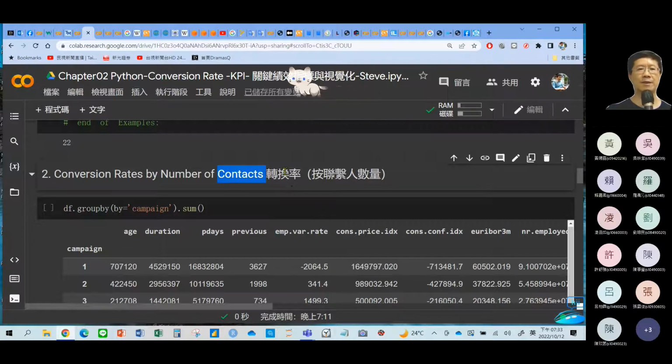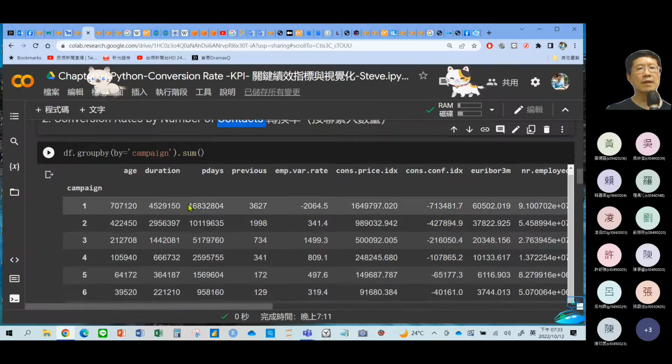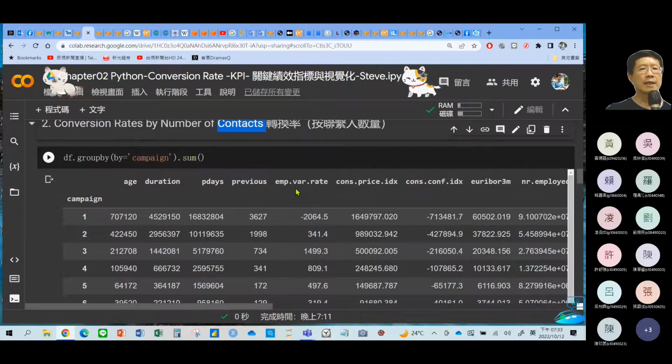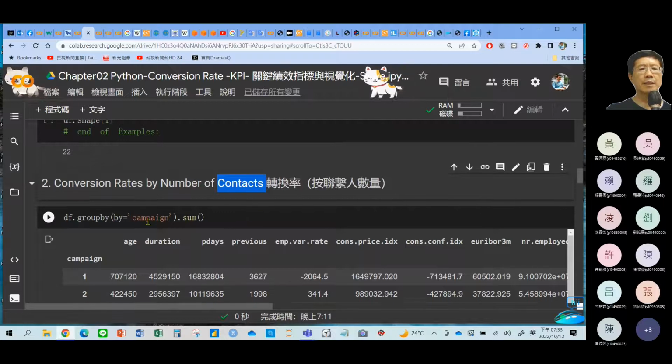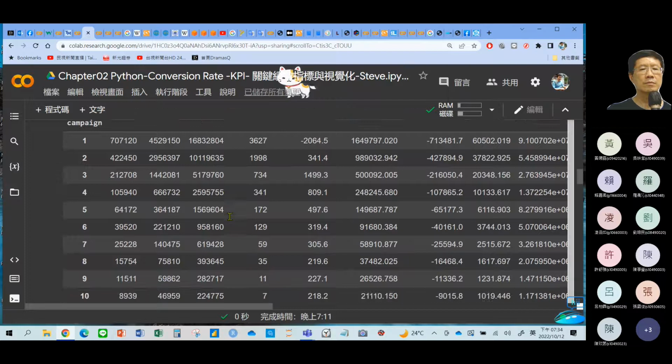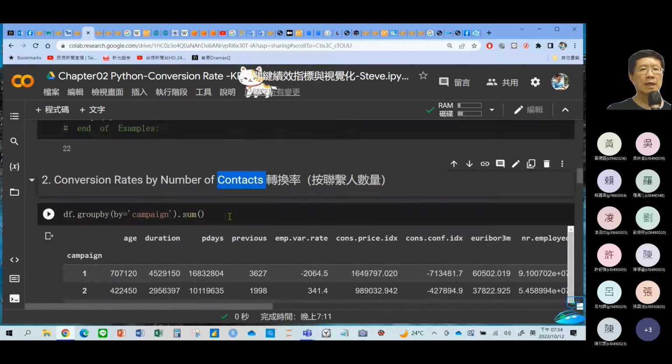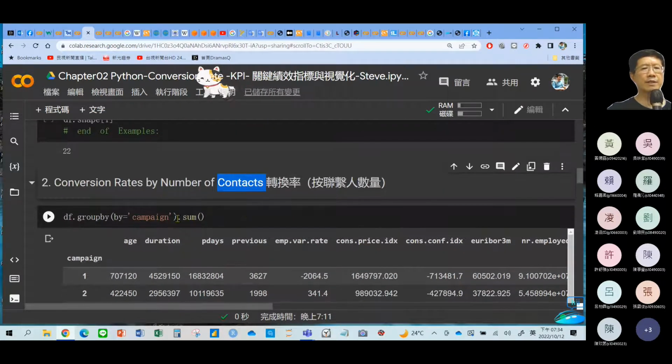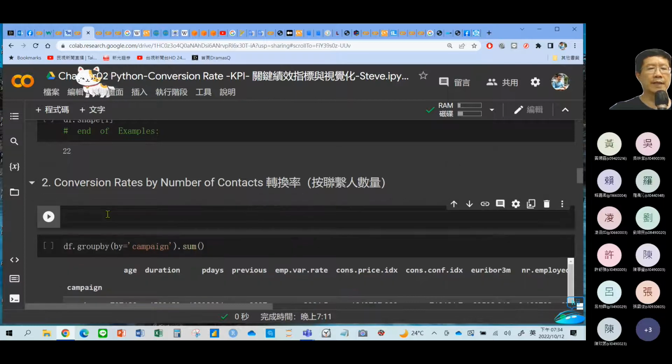What does contact mean? So we know one of the variables we call contact. Okay, so first we would like to find out the variable again.